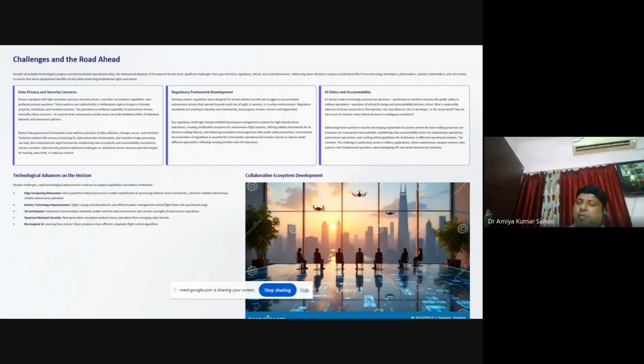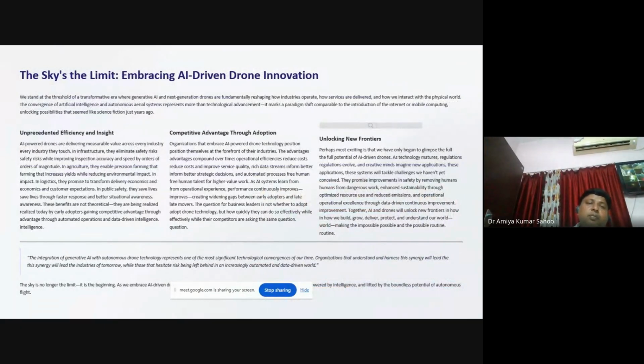You can get them from the coordinator and see what I have collected from different angles from different journals by focusing on different areas. So the challenges are data privacy and security concerns, regulatory framework development, and artificial intelligence ethics and accountability. This is very important for drone technology.